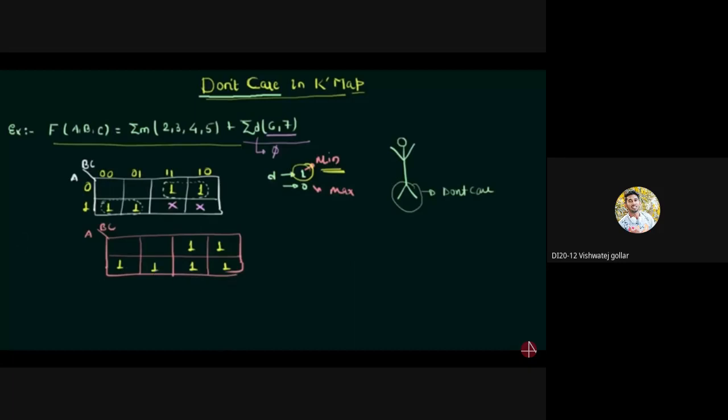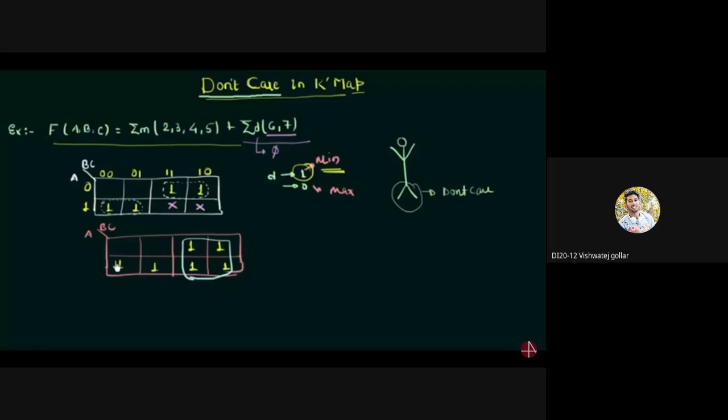Now let's make the groups of ones again. Now I'm not going to combine these two ones the way I did before, but I'm going to combine them this way. Now it's not a pair, we have made it a quad, a group of 4 ones.